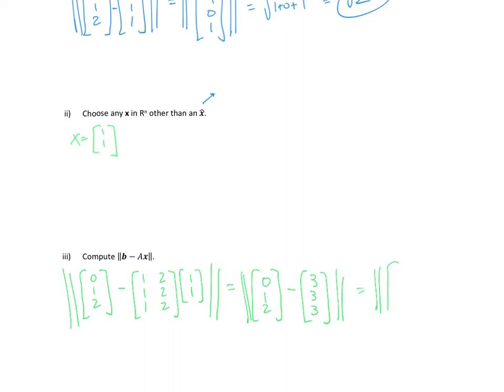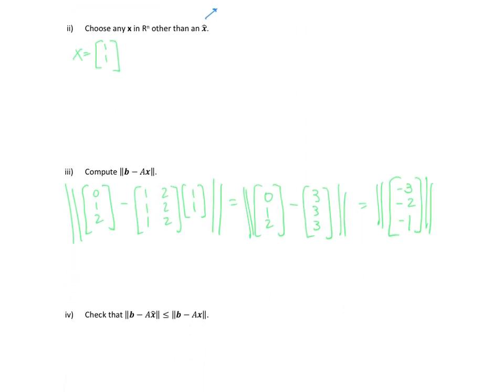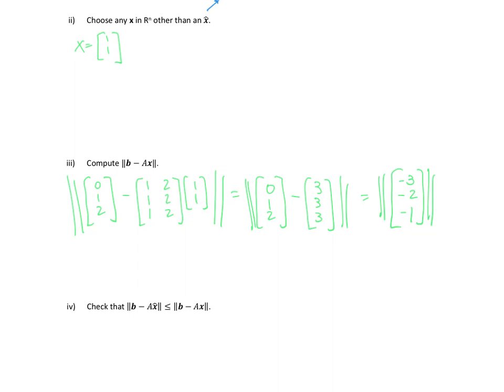So that's the length of negative 3, negative 2, negative 1, which is the square root of 9 plus 4 plus 1, which is the square root of 14. Okay. And it is true that the square root of 2, which is b minus A x hat, is smaller than the square root of 14.